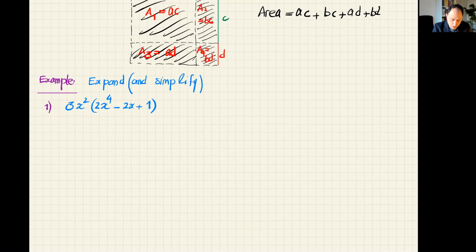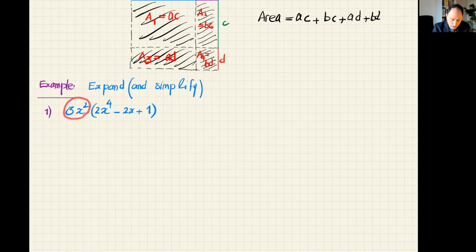Here I have one expression outside, and I want to multiply it over a pair of brackets. Inside the brackets is a sum and difference of terms. But we learned that we can distribute multiplication over both addition and subtraction. It doesn't matter.